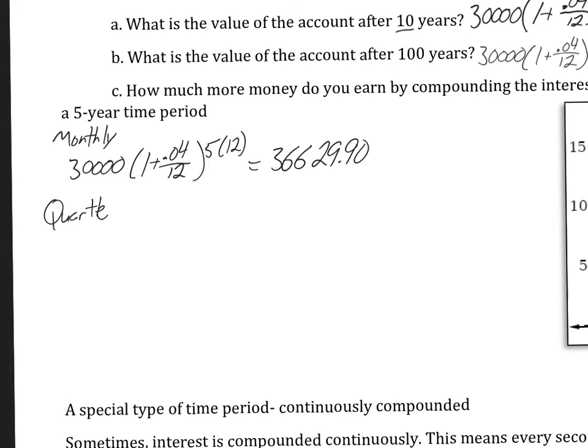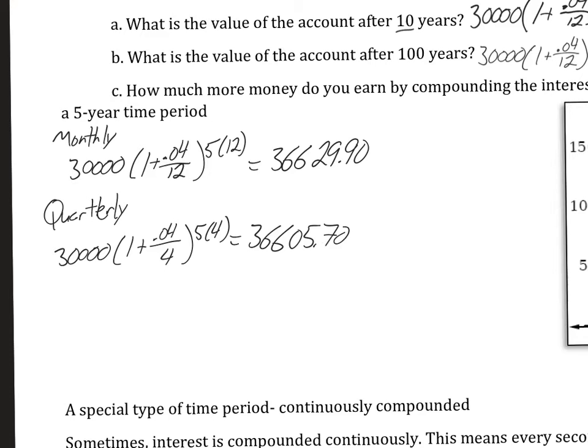Now let's look at it quarterly. So quarterly, that's 30,000 times 1 plus 0.04 divided by quarterly. How many quarters? So that's 4. 5 times 4. That's going to give us 36605.70.